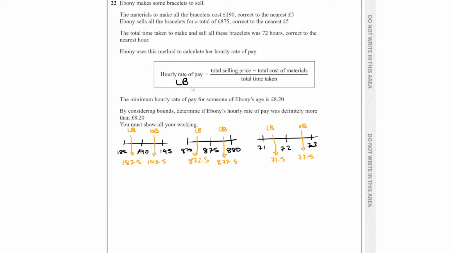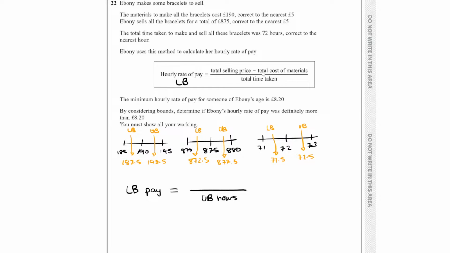We want to get the smallest answer for the hourly rate of pay, right? So the lower bound of the pay is what I'll write here. In order to get the smallest answer, just think about your calculation. To get the smallest possible outcome, I want to divide the smallest number by the biggest number, don't I? So the least amount of money by the most amount of time. That means I need the upper bound for the time or the hours, and then at the top, I need the lower bound.